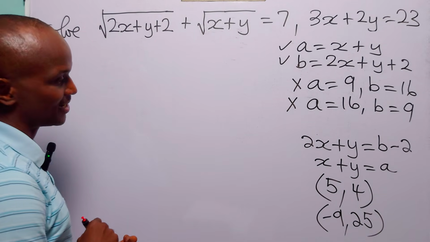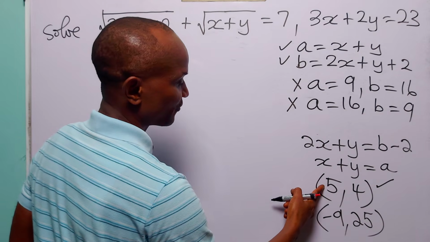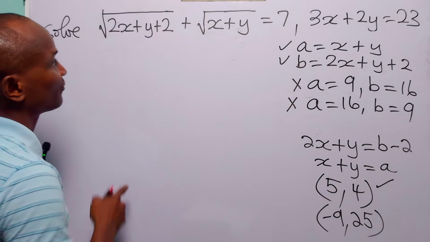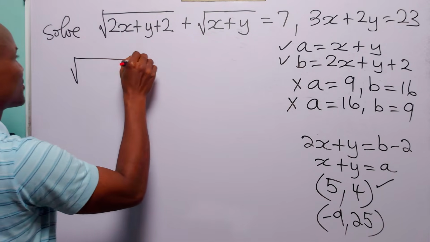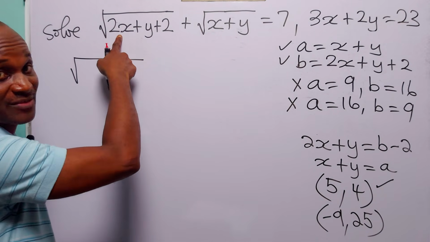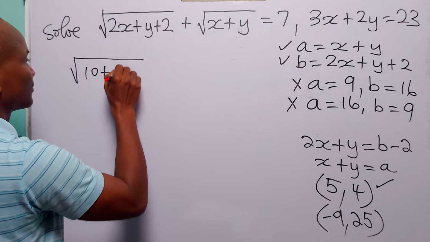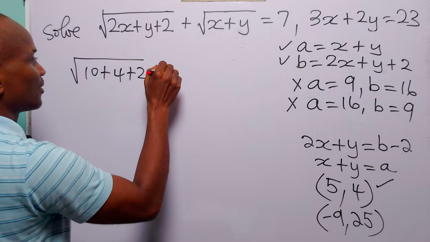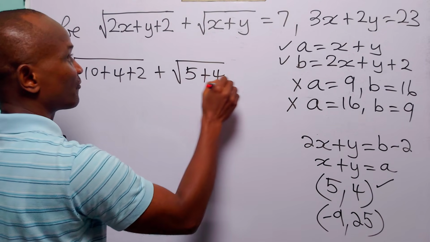Now let us check our answer. In this first case, when x is equal to 5 and y is equal to 4, in the first equation we have the square root of 2 times 5, that is 10, plus 4, plus 2, plus the square root of 5 plus 4.